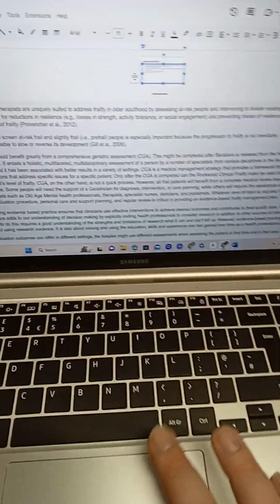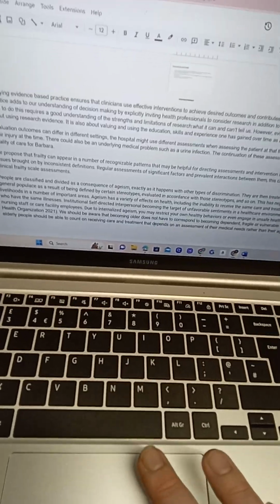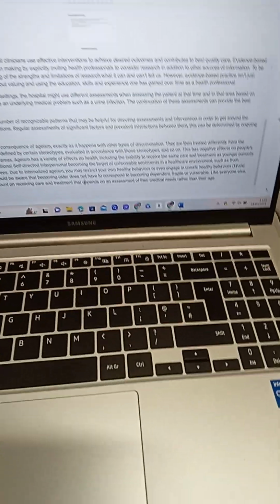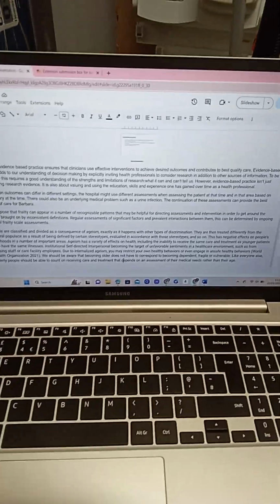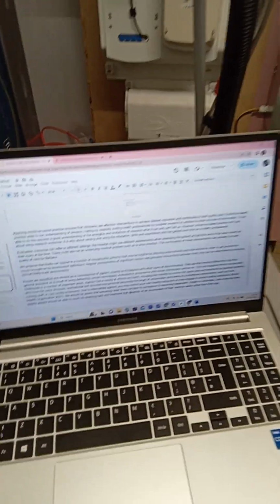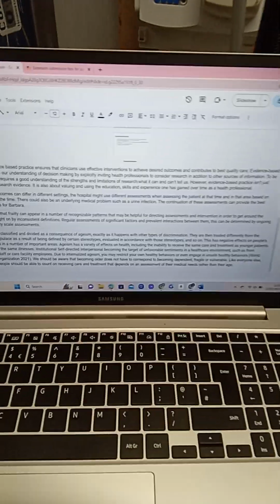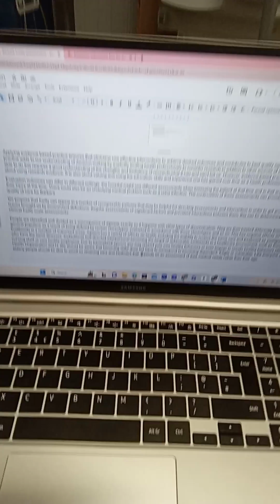Quite often, throughout this process, we wanted to ensure that Barbara's care was catered to her, her meaningful occupations and what she wants. Quite often people are classified and divided as a consequence of ageism.